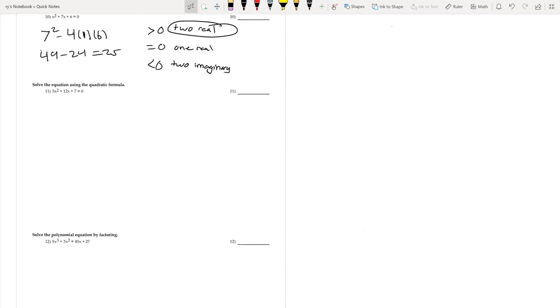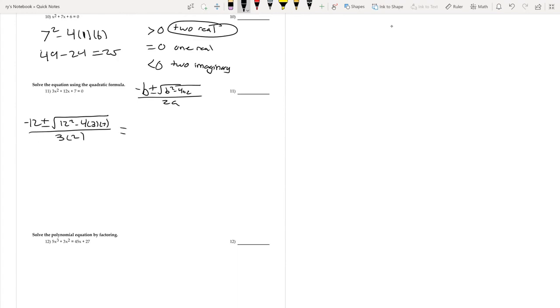Number 11 is just asking us to solve using the quadratic formula. Remember, that is negative b plus or minus the square root of b squared minus 4ac all over 2a. So in this case, filling everything in, I get negative 12 plus or minus the square root of 12 squared minus 4 times 3 times 7 all over 2 times 3.